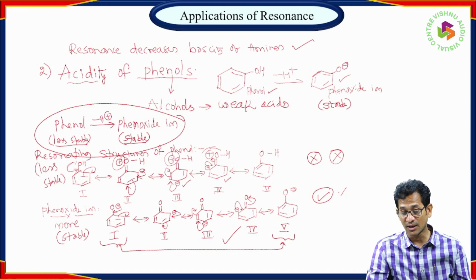But what happens to the remaining three resonating structures, 2, 3, 4? In the second resonating structure we have two double bonds inside the ring, and the same in 3 and 4.